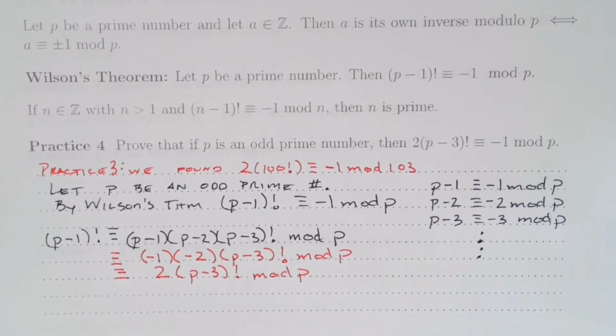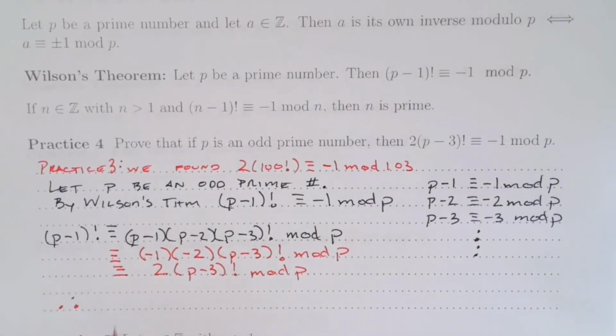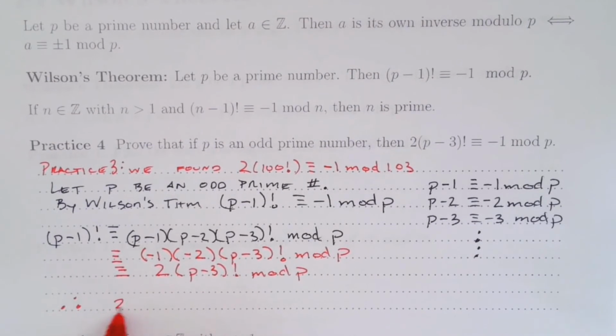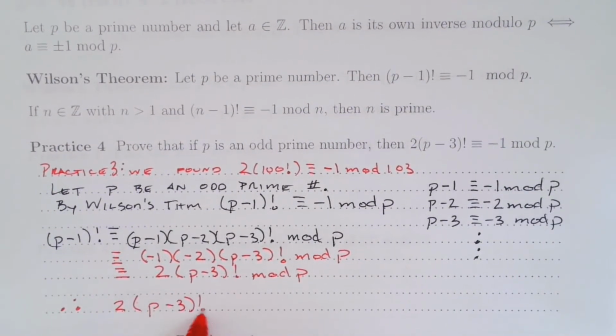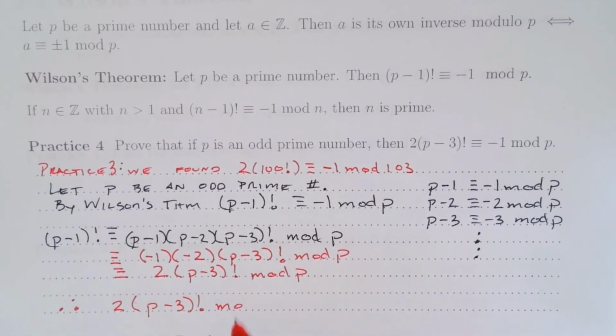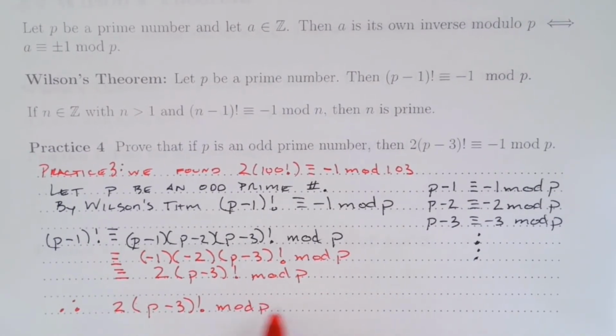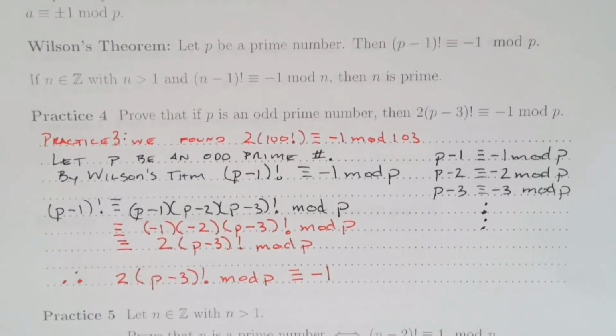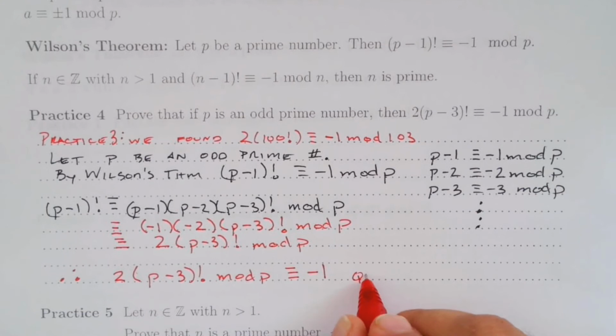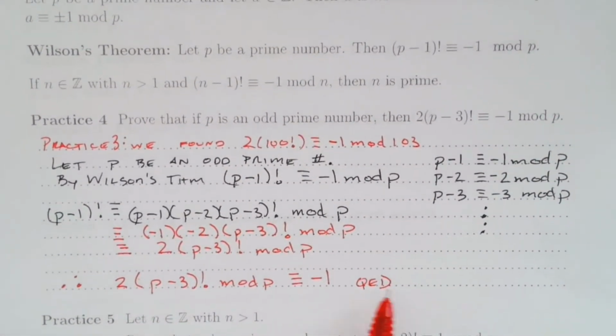So therefore, 2 times (p minus 3) factorial mod p is equivalent to negative 1, which is what we were trying to show.